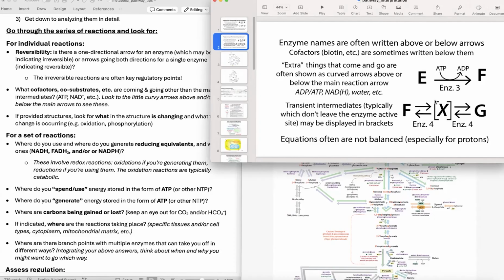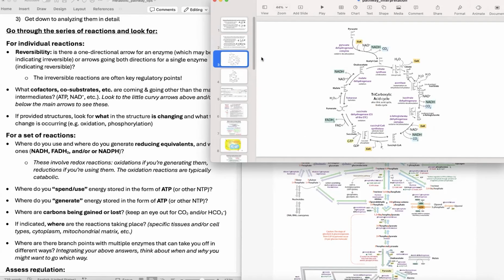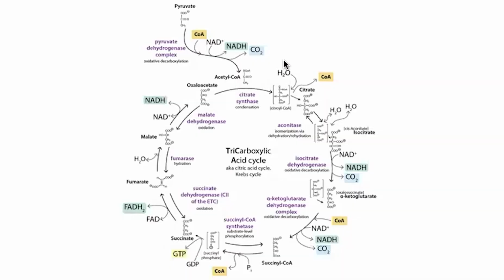Sometimes you have transient intermediates that don't actually leave the enzyme active site. And so you can see that the same enzyme is catalyzing this reaction through this intermediate that's not actually leaving the enzyme's active site. And we show that in brackets. An example is in the citric acid cycle. So we can see that we have this citroyl-CoA where we stick the acetyl-CoA onto oxaloacetate before we get rid of the CoA part.